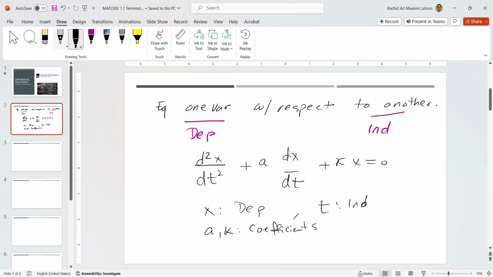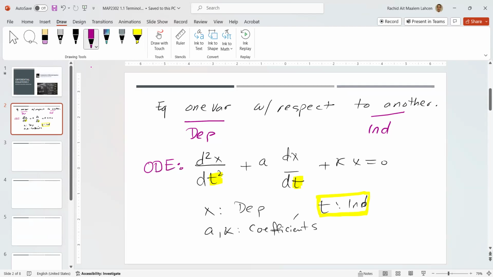As you see, this equation involves only ordinary derivatives with a single independent variable. So this independent variable, time, is single here. We don't have t and x, or something else. We only have t. So in this case, that's called an ODE, or ordinary differential equation.